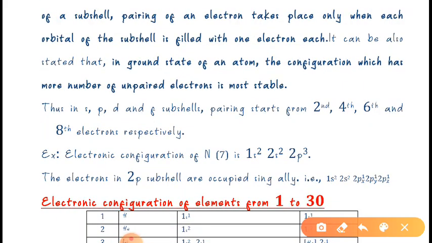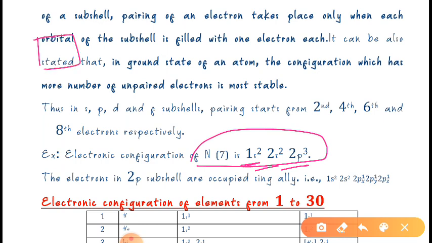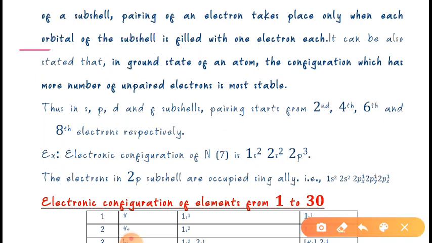Here you can see in nitrogen the filling is like this: 1s2, 2s2, and 2p3, right? Let me draw it again. This one is our 1s, this one is 2s, and this one is 2p.